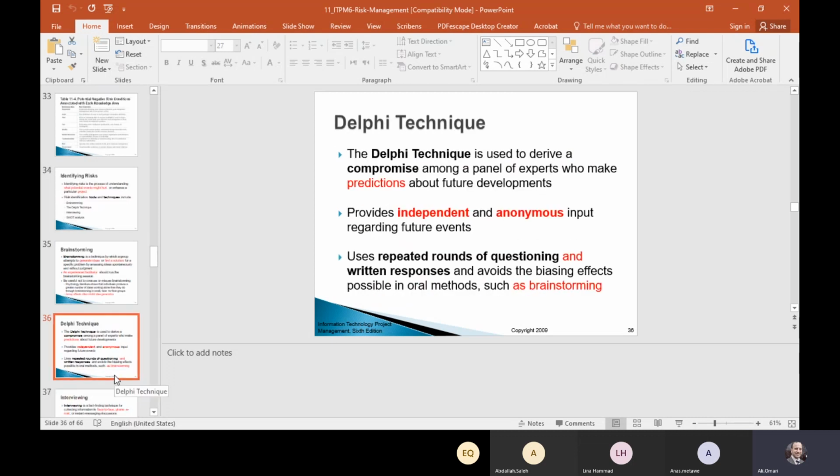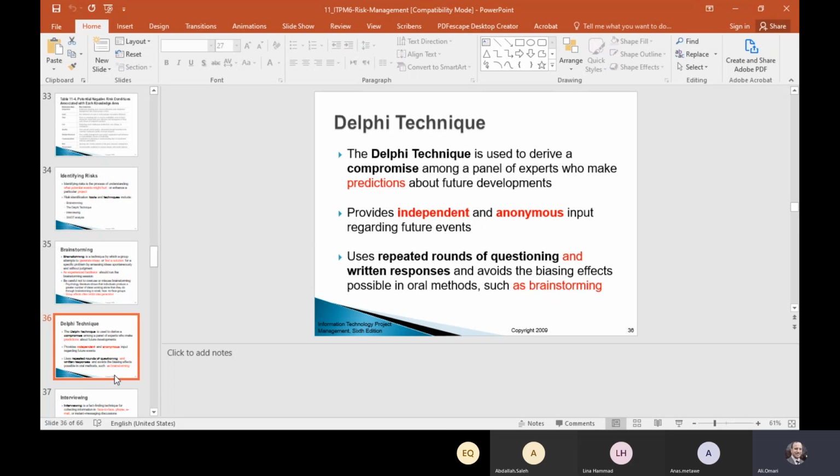Another tool or technique to identify risks is the Delphi technique. It is basically a technique that derives a compromise among experts who make predictions about the future.